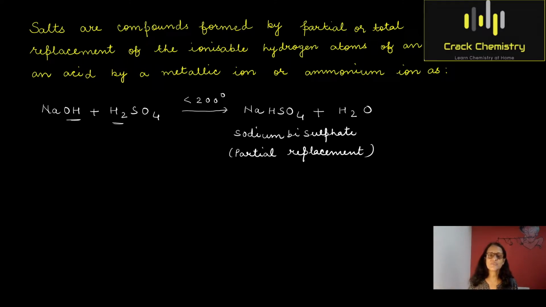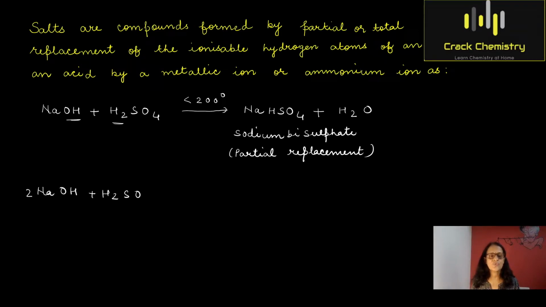Now, if sodium hydroxide and sulfuric acid react together at a temperature greater than 200 degrees centigrade, then complete replacement of hydrogen atoms of sulfuric acid will take place, which will result in the formation of sodium sulfate. Let's try to understand by taking the reaction. 2NaOH plus H2SO4.